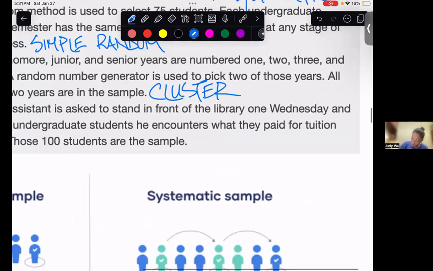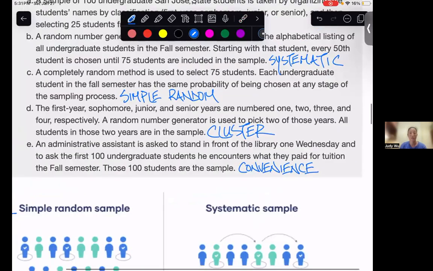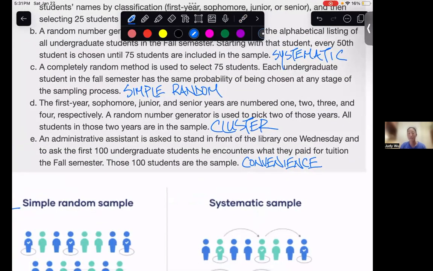That is something we call a convenience sample. And it often has a lot more bias than these other methods, okay? So this is not what we call random. It's convenient for us because in one Wednesday, we can ask 100 people and be done, okay?